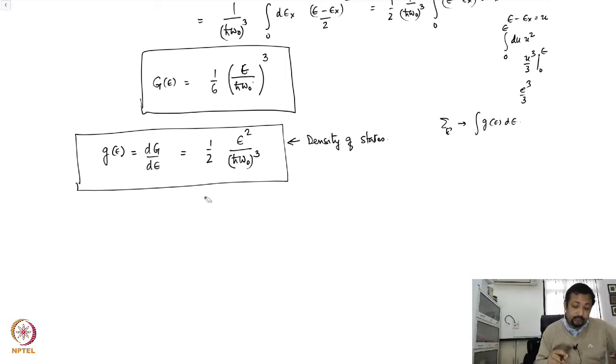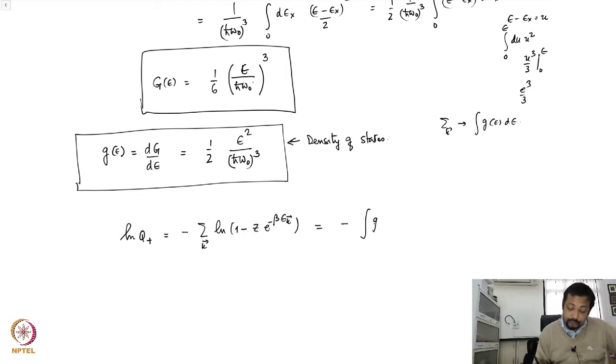Well, one can also look at the grand canonical partition function, and the grand canonical partition function is given by minus sum over k ln(1 minus z e to the power minus beta epsilon_k), which is going to be minus integral g(epsilon) d epsilon ln(1 minus z e to the power minus beta epsilon).